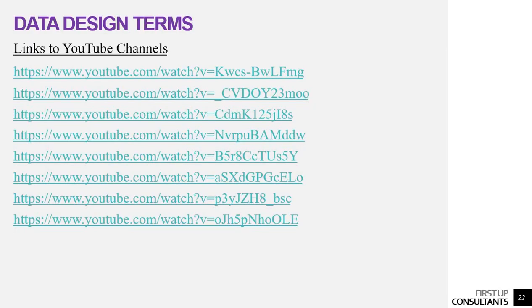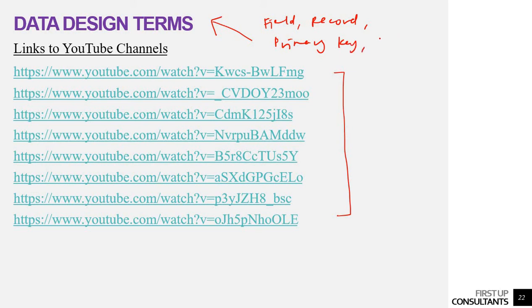I have provided you with links to YouTube channels. Basically all these channels relate to data design terms. So what are the data design terms that you can still remember? Among them are field, record, primary key, and foreign key.